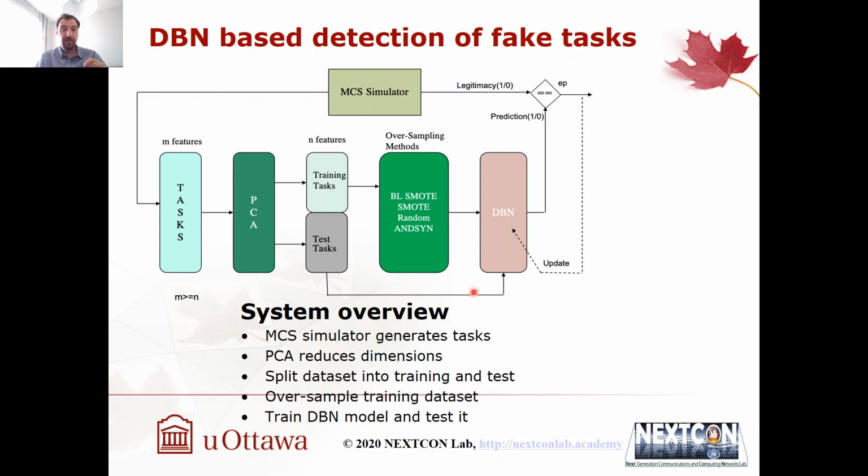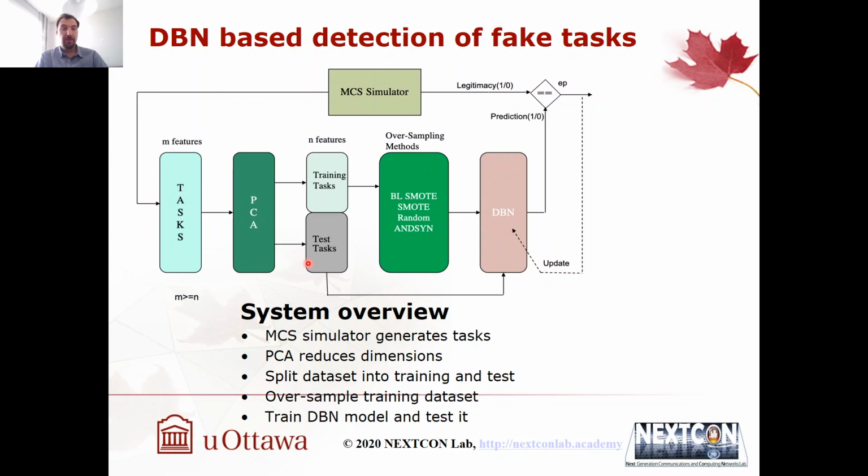So here we have an oversampling step prior to our deep leaf network. So we use several oversampling methods before we decide which one would be the best one. I'm going to show you the results later on. And once we take care of the oversampling step, our tasks are fed into our deep leaf network for training purposes.